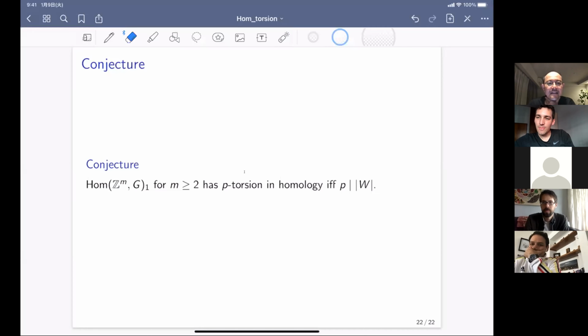So you say the rational homology always vanishes for these subcomplexes? Yeah.